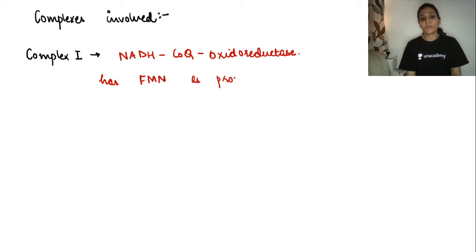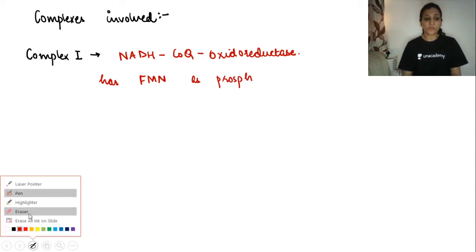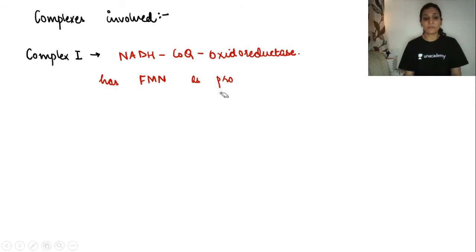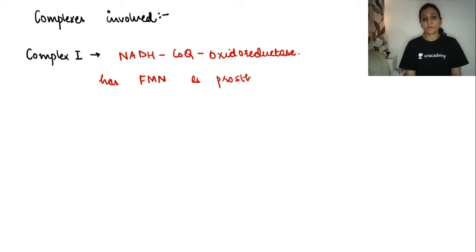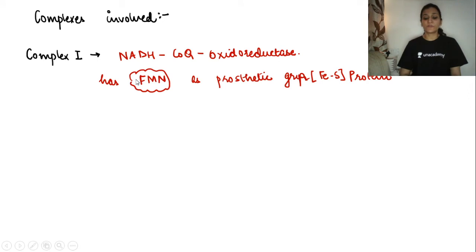Don't worry, I'm going to draw the whole chain also, but here first, in a simpler manner, I'm going to tell you the whole story. So FMN as a prosthetic group, and iron sulfur protein.